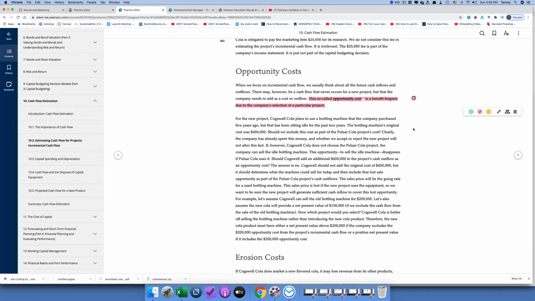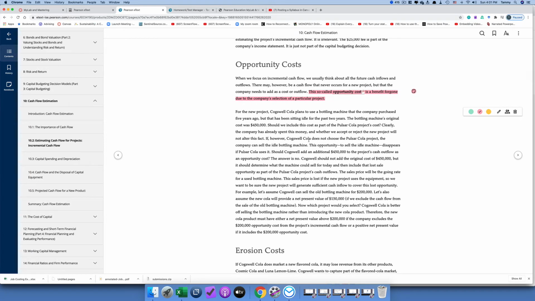In our example of the cola company, they plan on using a bottling machine that they purchased 5 years ago, but that's been sitting around doing nothing for 2 years. The original cost was 450 grand. All right. So on the one hand, there's nothing we can do about money that we spent in the past.